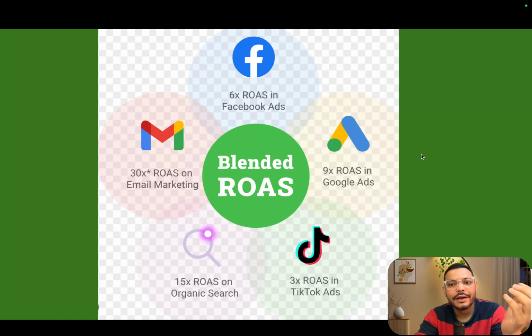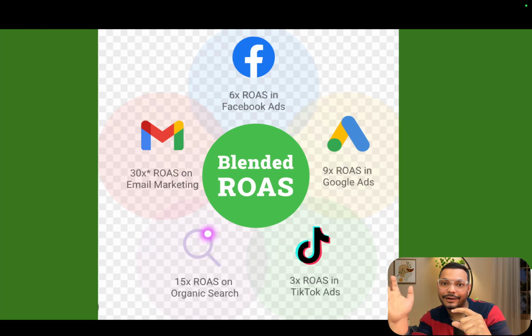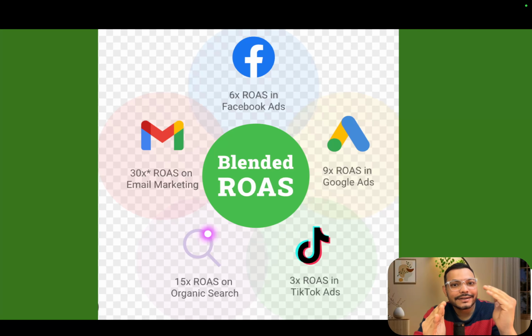Again, in Google, if he wants me to get a ROAS of 9x, then he's trying to say, if he's spending 1 lakh rupees on Google Ads, he wants me to generate a return of 9 lakh rupees. So 9x, 6x, 30x, 15x, all of these terms mean the expected returns or the actual returns that we can generate from any project using different ad platforms.